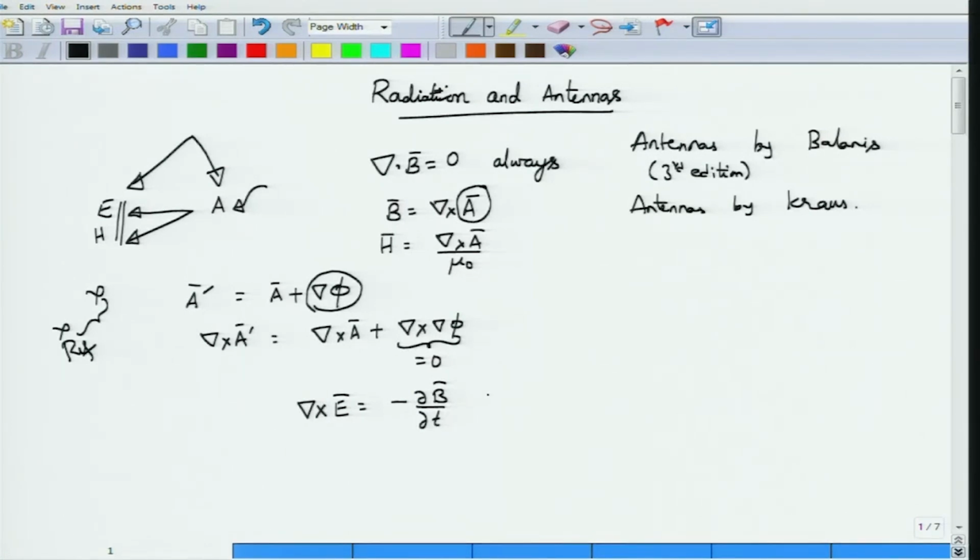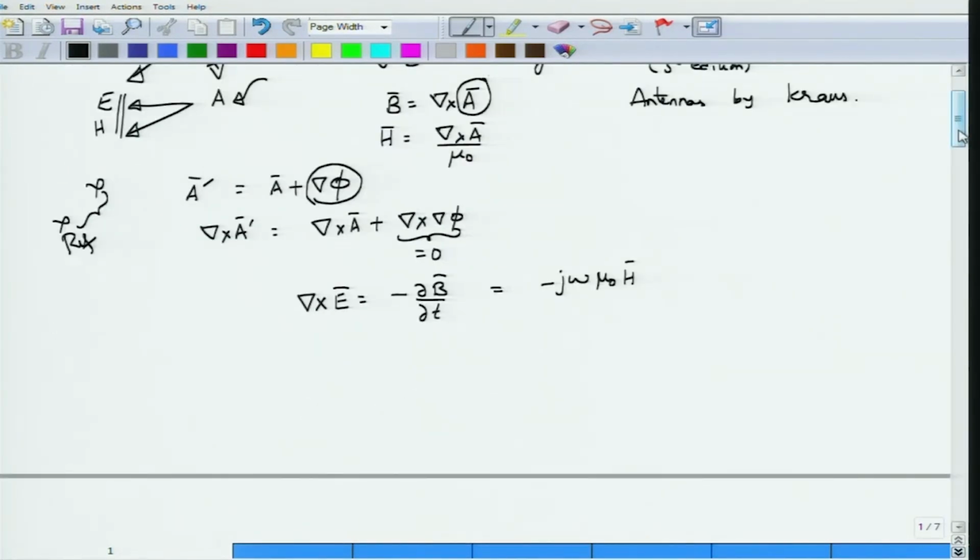This is in fact Faraday's law, but since we are considering E and B as phasor quantities, in terms of phasors this del by del t will be replaced by j omega, and B can be replaced by mu 0 into H. So I have this relation, but I also know that H itself can be written as del cross A divided by mu 0. Cancel mu 0 on both sides. What you get is curl of E plus j omega A must be equal to 0.